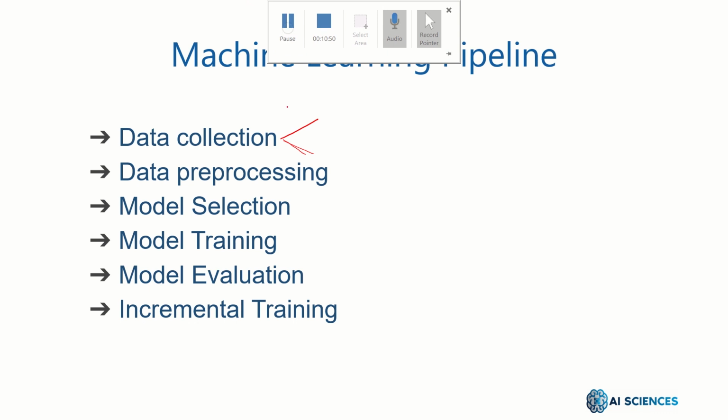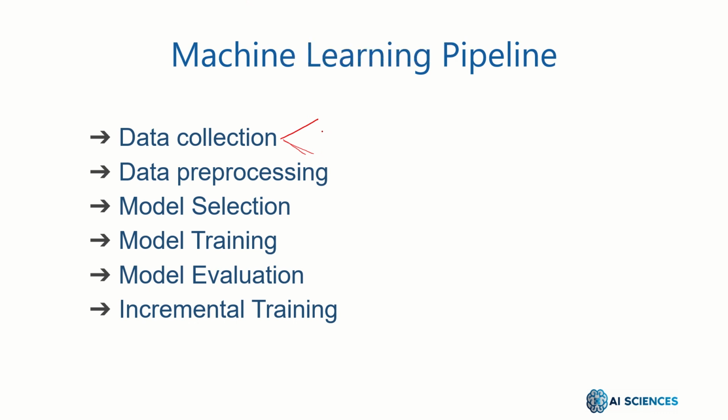One may think that data collection is an easy task. In certain cases, yes, data is normally available, but in a lot of cases, data collection is really a tough task. People spend a lot of budget on just data collection and labeling, getting the data prepared for classification or regression or whatever model you want to fit.